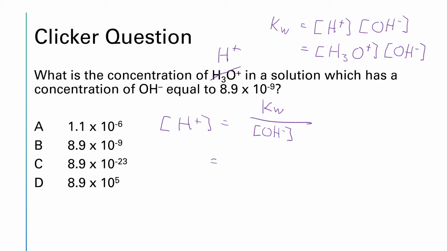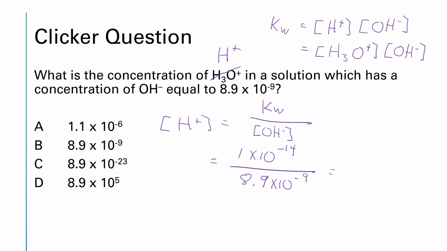Now if I plug numbers in here, Kw is 1 times 10 to the negative 14, and the hydroxide ion concentration is 8.9 times 10 to the negative 9. And again, when you run this through your calculator, make sure you're using scientific notation on your calculator correctly.